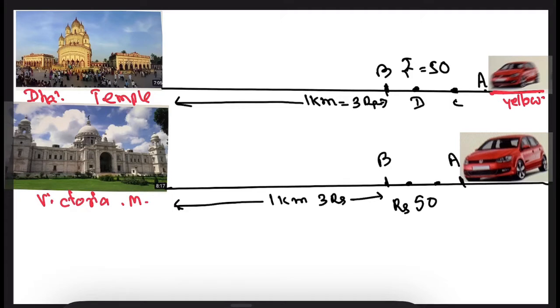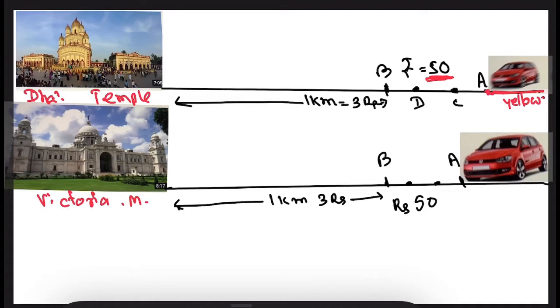Then you agree and sit in the car. He says, for the first few kilometers it is 50 rupees. He will turn the meter on. First it shows 00, then as soon as the car starts, it will show 50 rupees. You ask, what is this 50 rupees? He says, this is a fixed charge, because up to a certain distance I will take 50 rupees.